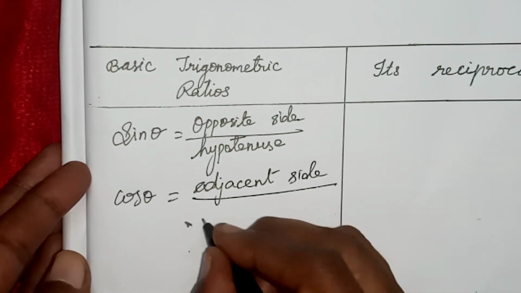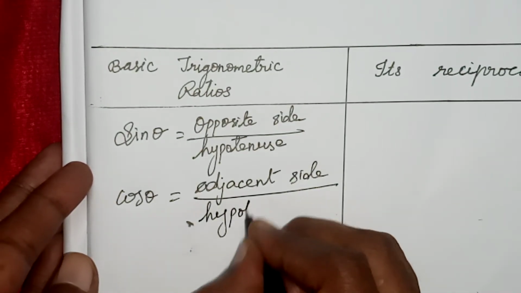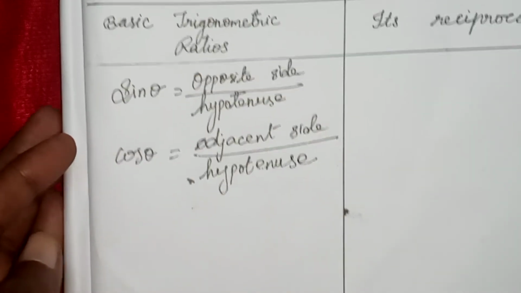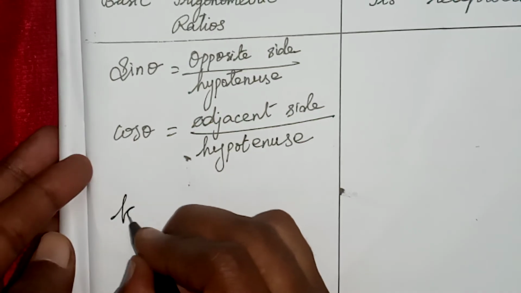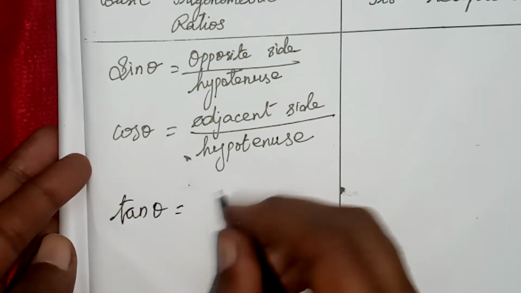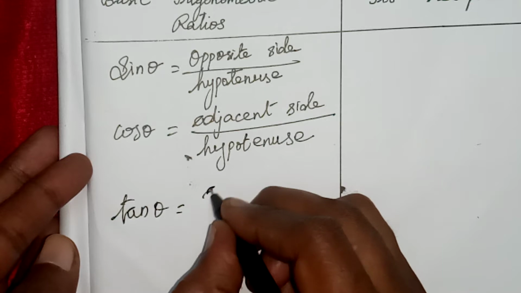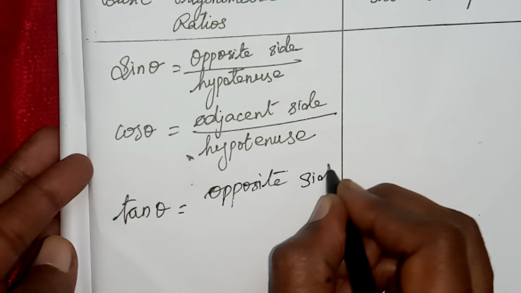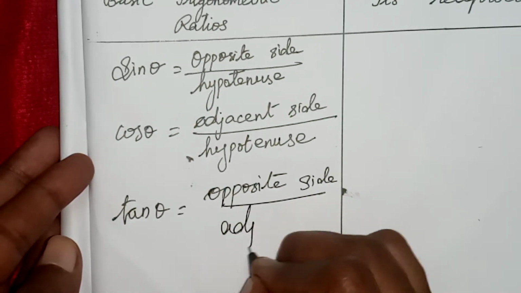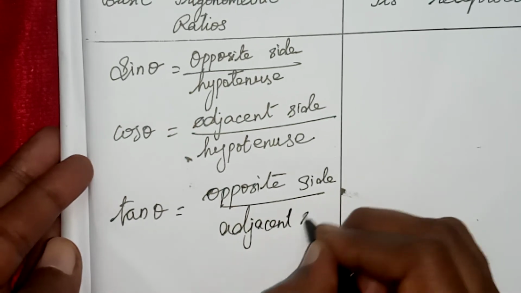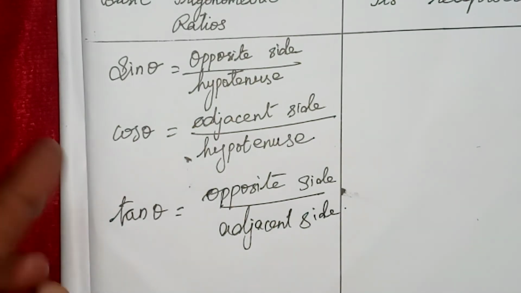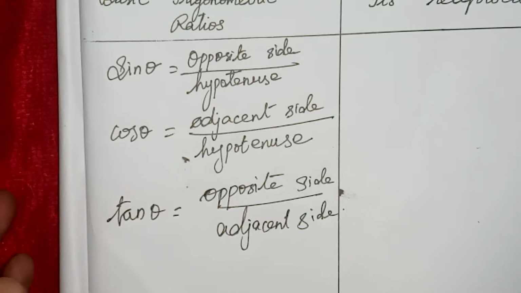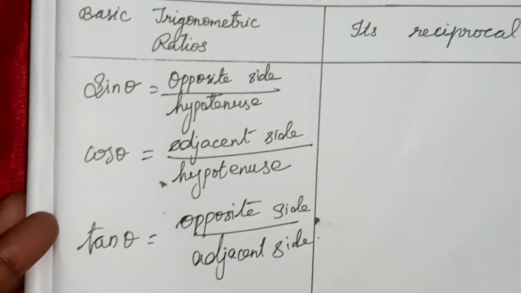Next, tan theta is equal to opposite side by adjacent side. These 3 ratios are called fundamental ratios, the basic trigonometric ratios, like that we can say.